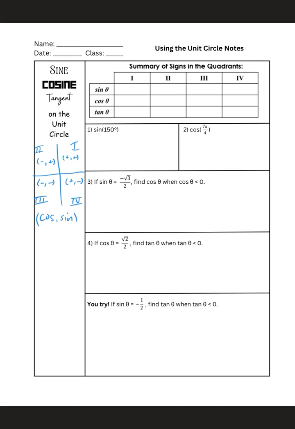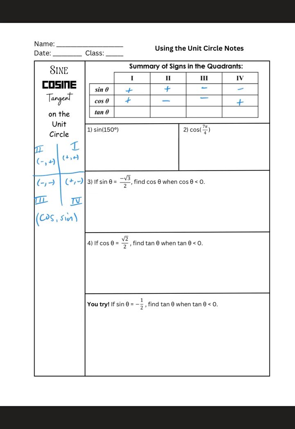The second coordinate is our y, and that is our sine. In the second quadrant, our cosine is negative and our sine is positive. In the third quadrant, they're both negative. And in the fourth quadrant, our cosine is positive and our sine is negative.